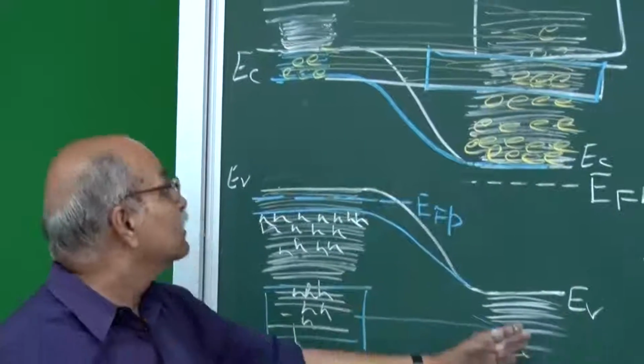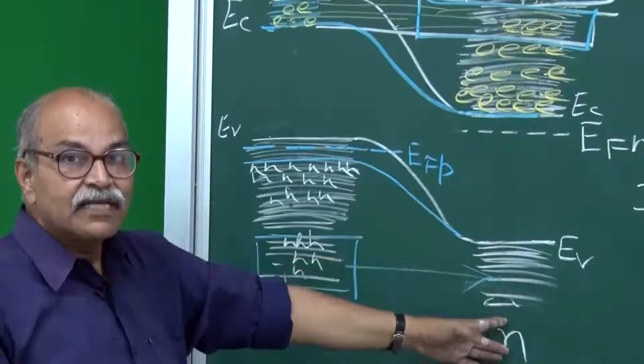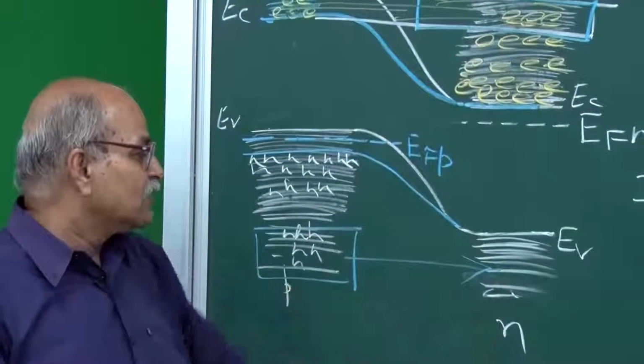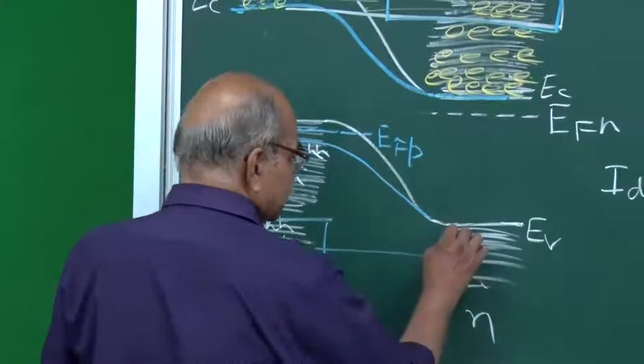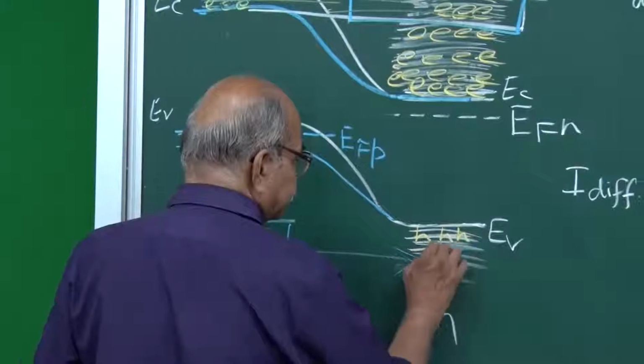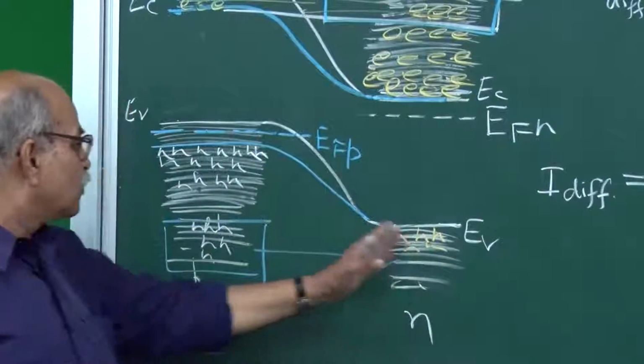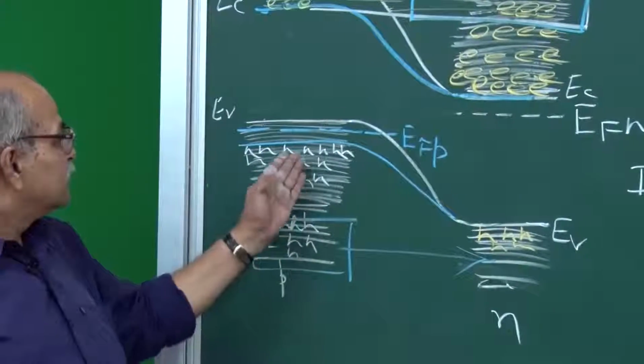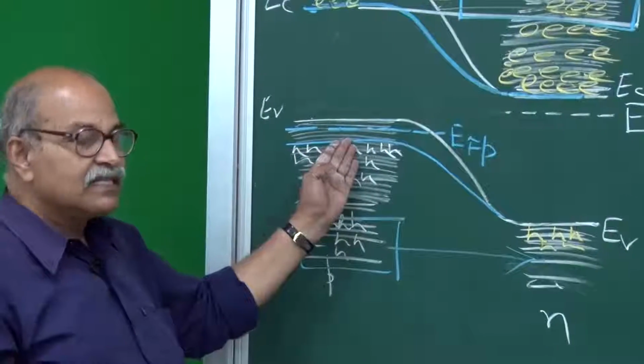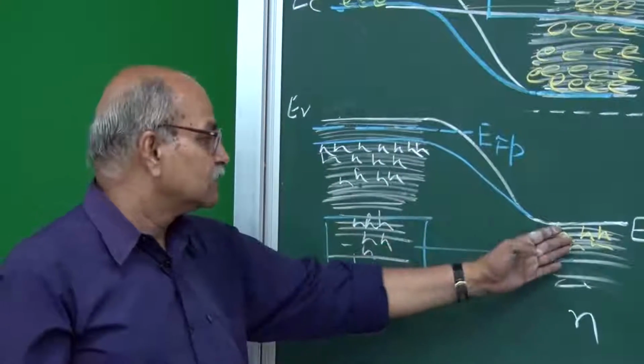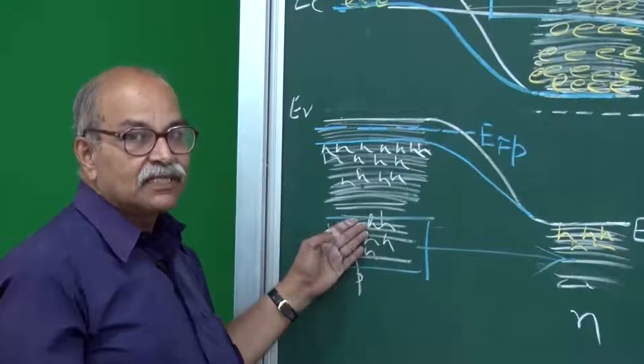Similar is the case for the minority carriers on the n side. On the n side, the minority carriers are holes. So these are the holes here. If they want to come here, no problem whether EV is here or EV is here. These holes can always come to this side.